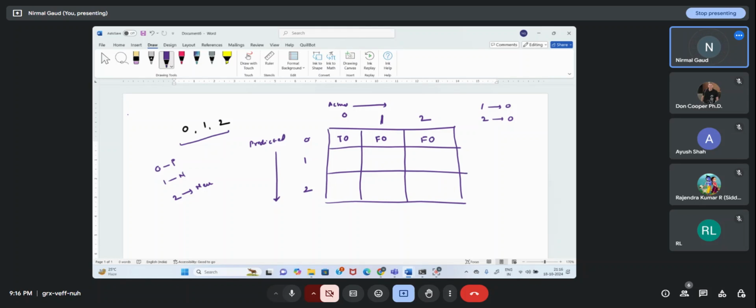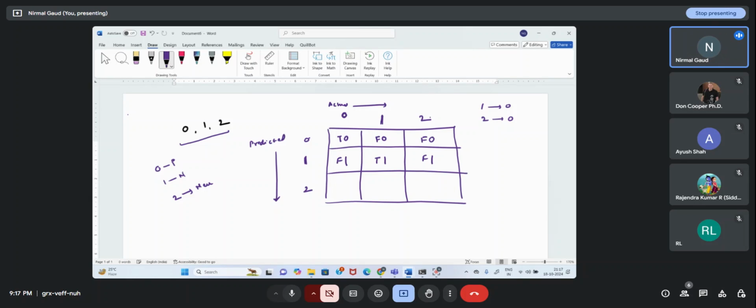Now, this is 0, predicted is 1, false 1. This is 1, prediction is also 1, true 1. This is 2, predicted 1, false 1.